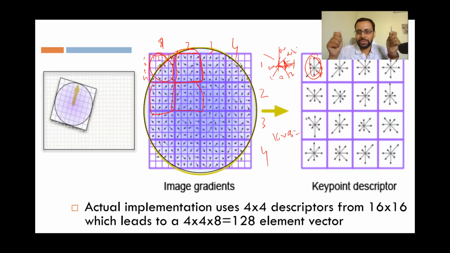So now you are representing a given key point with a vector of size 128, where you could, for example, think of it as you will concatenate this at the end of this, then at the end of that you will be concatenating this row, and at the end of that you will be concatenating this row.